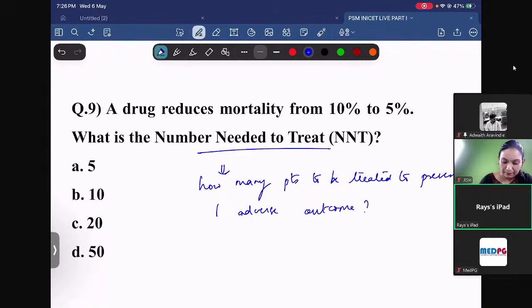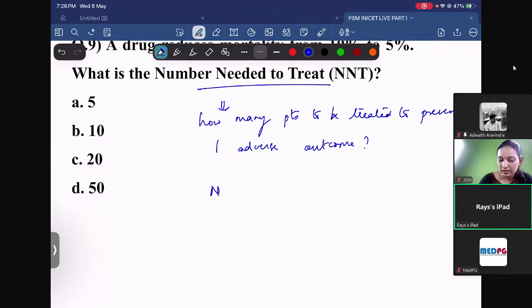Okay, that is NNT, and you get it by the formula NNT is equal to 1 by ARR. ARR is absolute risk reduction.